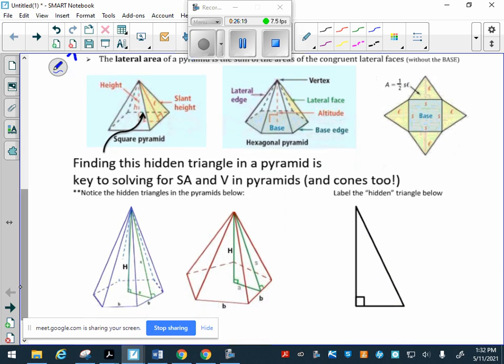The slant height is part of the formulas, but it's also really important to identify because in pyramids and cones we have, again, a hidden right triangle. You have this triangle that you can pull out and use to help you calculate any missing parts. I'm going to try to show you with my paper here.